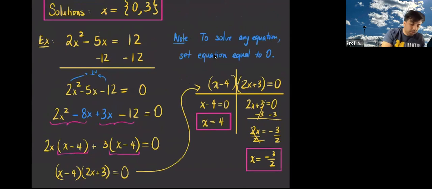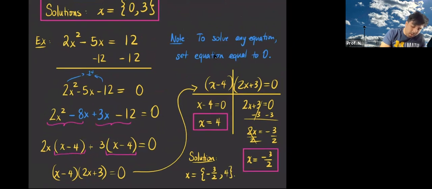So then what's my solution? My solution is curly braces, negative 3 over 2, comma 4.